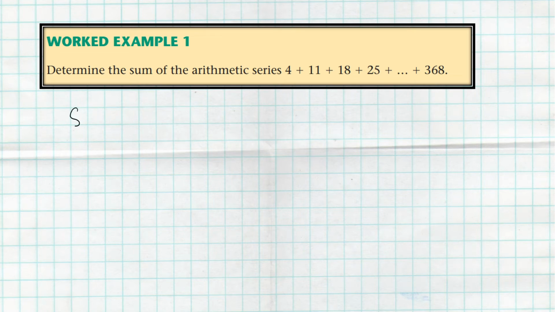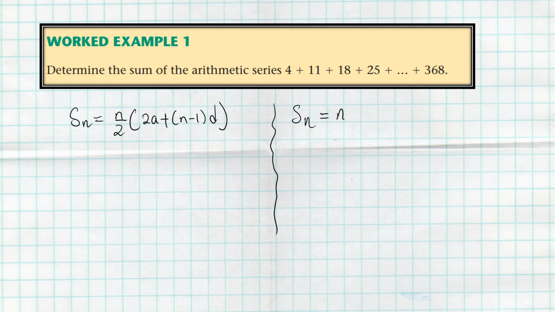The formula that we proved says Sn equals n over 2 into 2a plus n minus 1 d, right? There's another one, Sn equals n over 2 into a plus the last term, the one that we proved before substituting our last term by tn, which is a plus n minus 1 d.